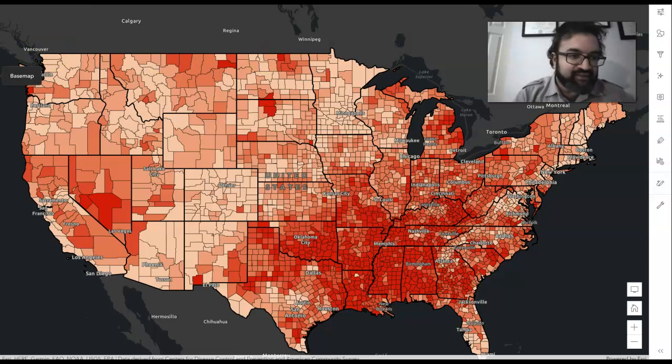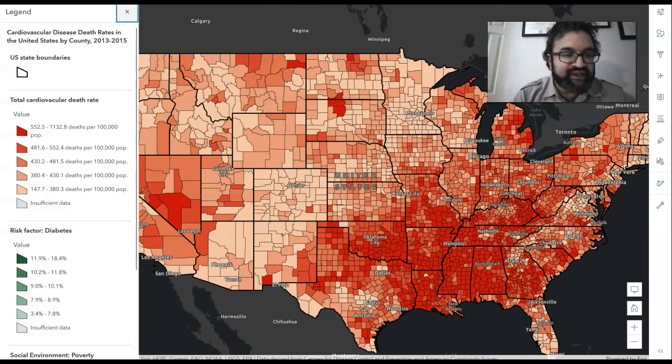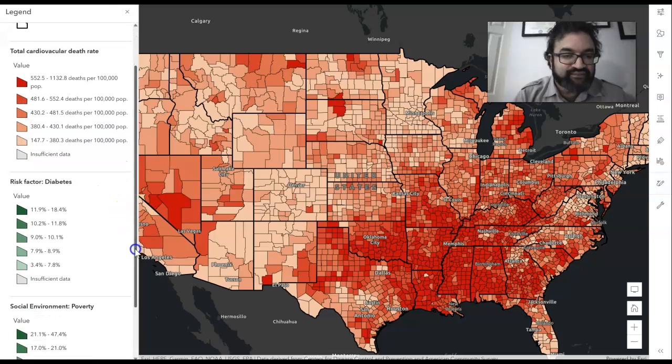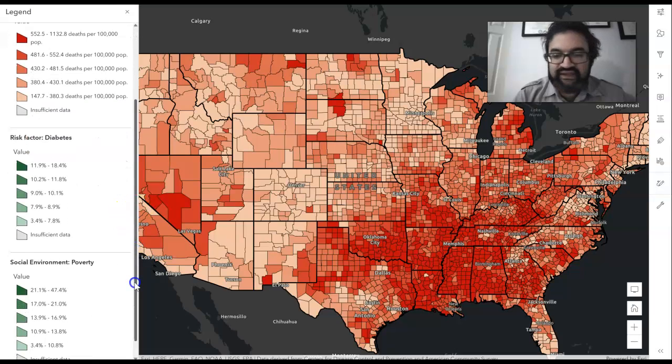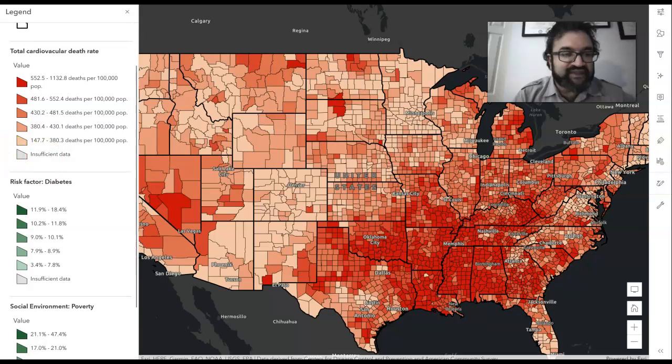If we take a look at some of the risk factors, so diabetes and then poverty, some of the maps follow similar patterns.